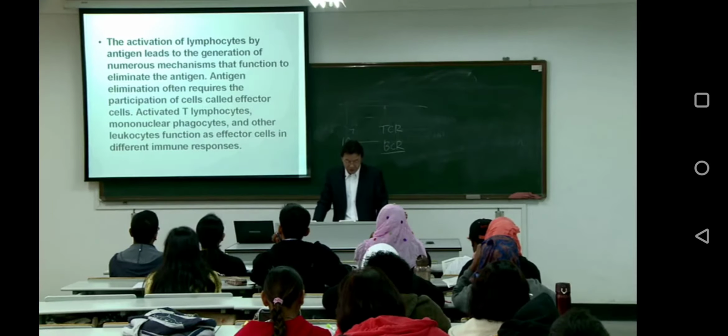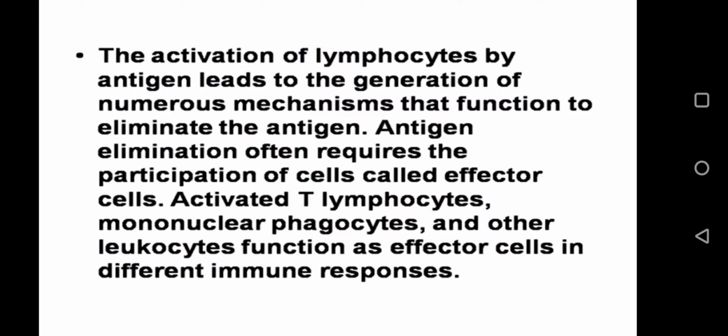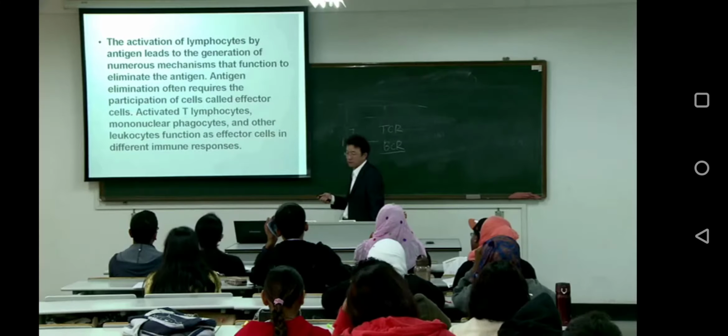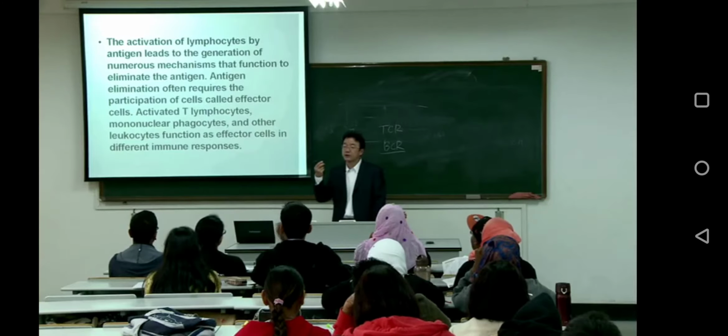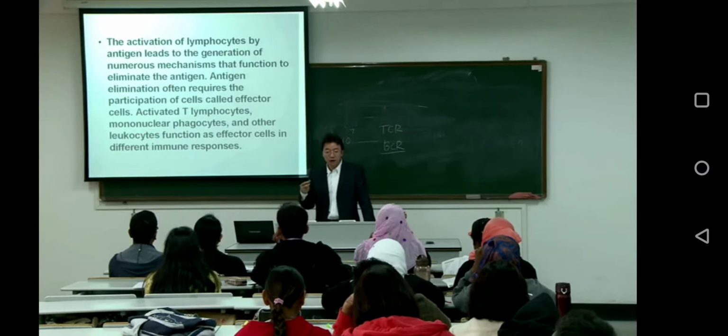The activation of lymphocyte by antigen leads to the generation of numerous mechanisms that function to eliminate the antigen. Antigen elimination often requires the participation of cells called effector cells. So the cell number of the immune system is fundamental to the immune response.